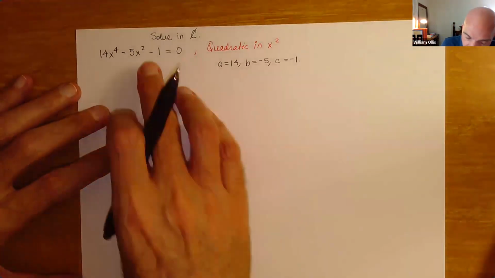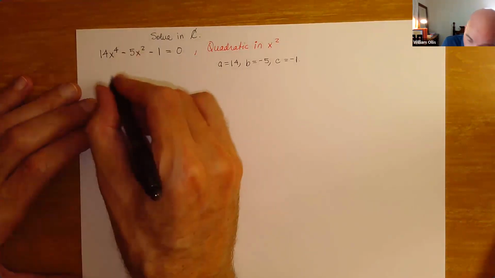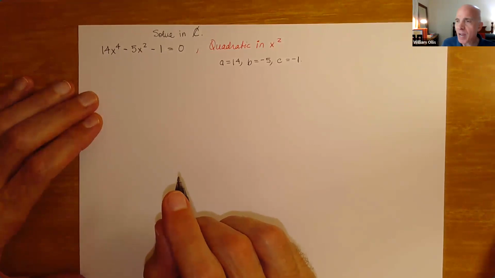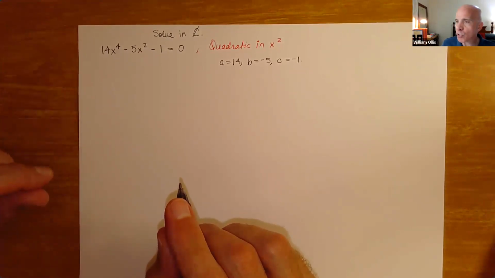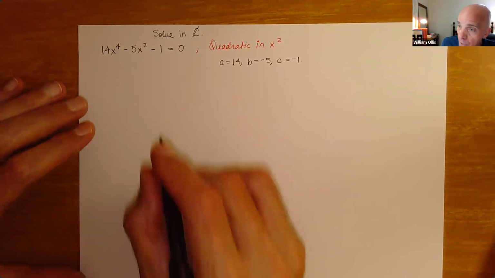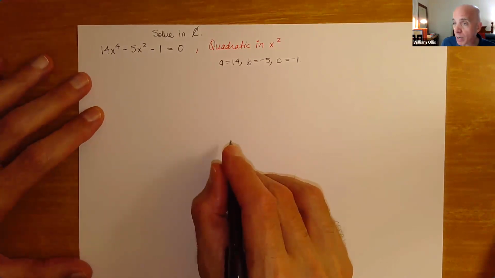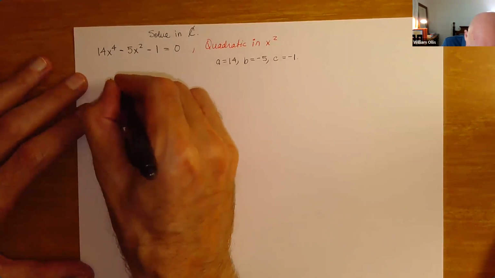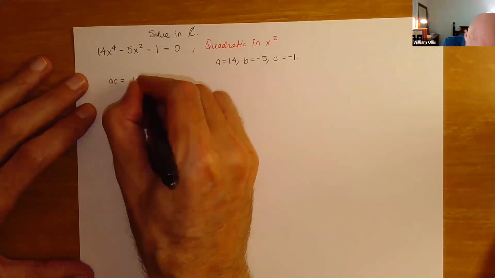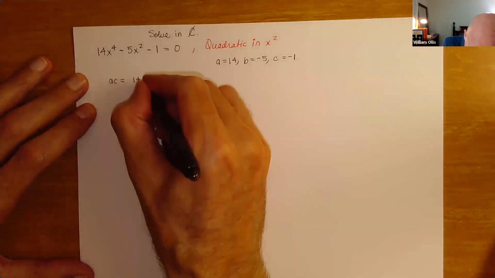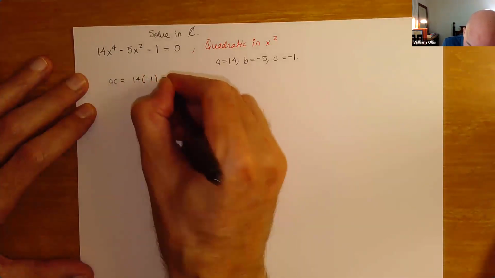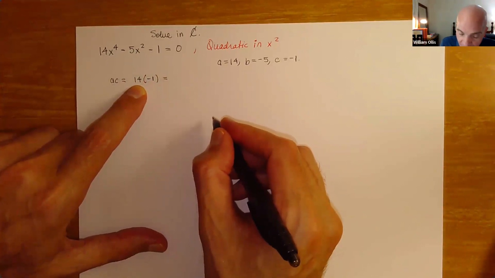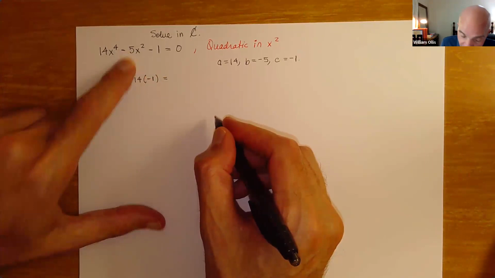So now what's nice about this, as you can tell, this will work with the AC lemma. And like I said before, if you're trying to figure out if the AC lemma works, you can always look at the discriminant, because if the discriminant is a perfect square, then you're going to get the AC lemma to work. So now AC equals 14 times the -1. So now we can think of factoring the 14 as 2 times 7 and then putting in the -1, so we get the -5.